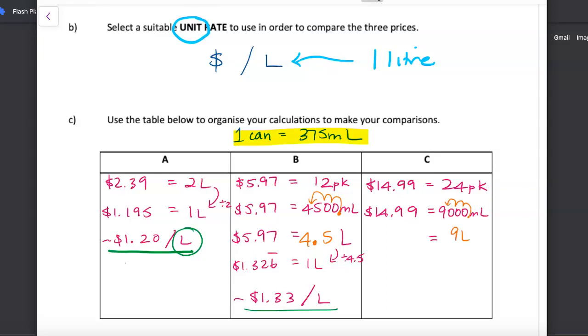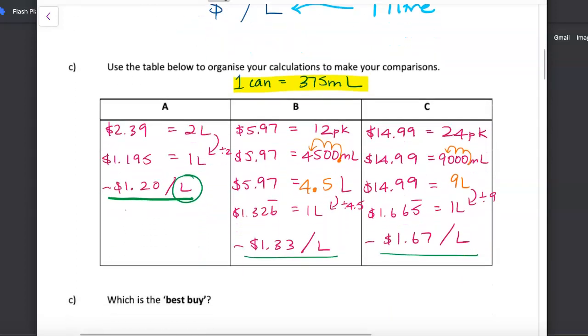Now again, we haven't changed the price because we're still buying the 24 pack, but we've just written it in terms of how many litres. So to get this down to 1 litre, I'm going to divide by 9. So $14.99 divided by 9 is $1.665. So as a rate, this is about $1.67 per litre.